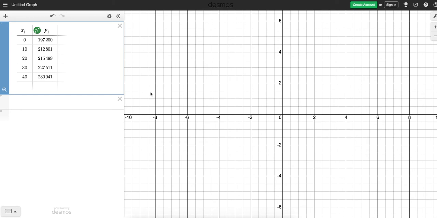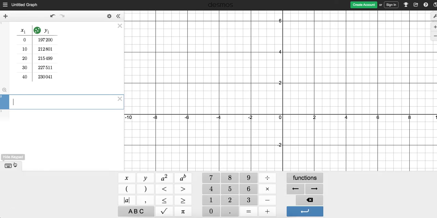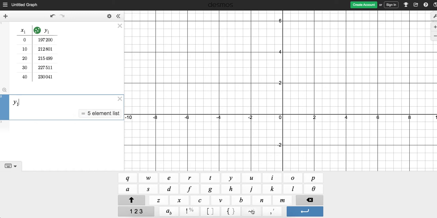Now, our linear functions are in like y equals mx plus b form. So here's how you get regression equations on Desmos. If you click on the little keypad here, type in y and then 1. Notice this little subscript of 1 here. And then you want the tilde symbol, which is this symbol right here.